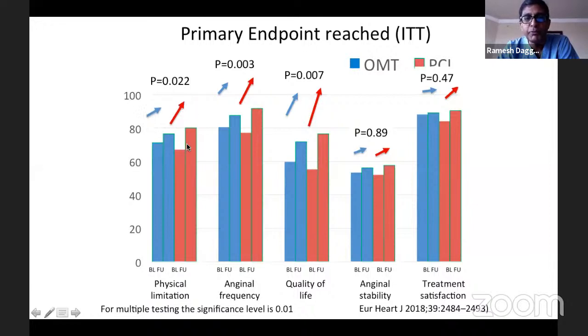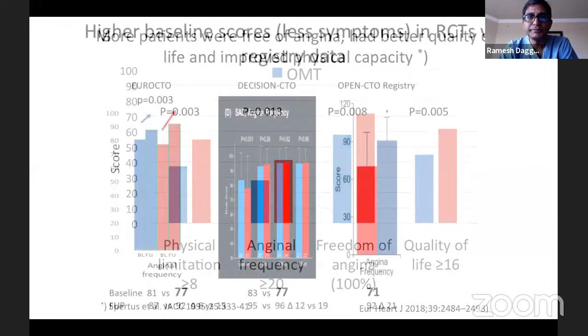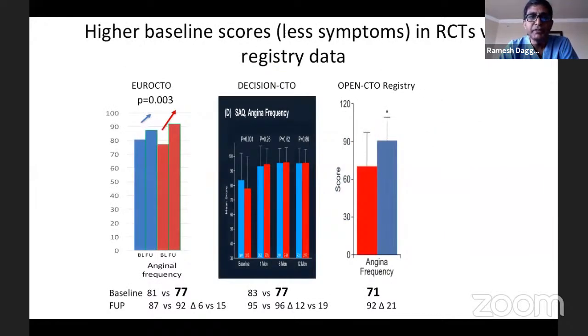Greater improvement is seen with PCI as compared to optimal medical therapy in every single domain except anginal stability and treatment satisfaction, which is not really significant. More patients were free of angina and had better quality of life and improved physical capacity with PCI rather than optimal medical therapy. Higher baseline scores and fewer symptoms are seen in randomized clinical trials versus registry data.